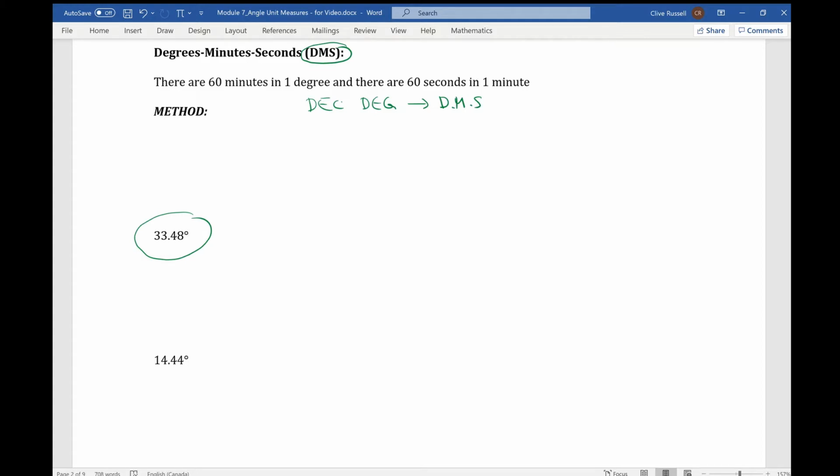So what we're going to be using is our conversion factor. We remember that 1 degree is the same as 60 minutes. We also know that 1 minute is the same as 60 seconds. So from these we could form unit factors, right?